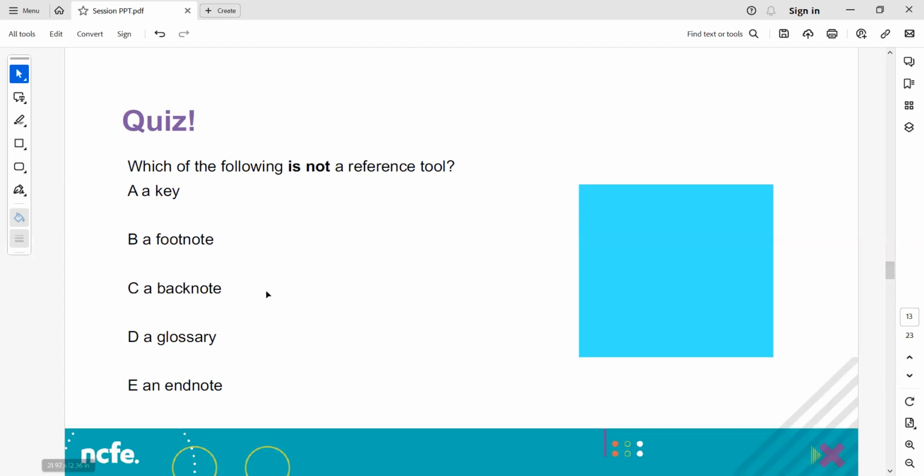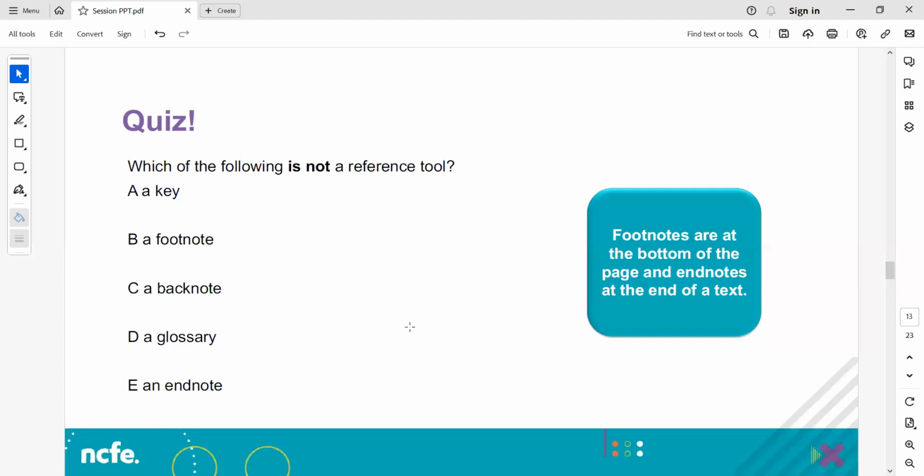Did we learn about a key? Yeah, so it's not that one. Did we learn about footnotes? Yes. Did we learn about backnotes? No. So it must be C.